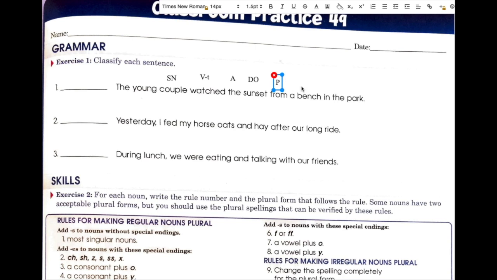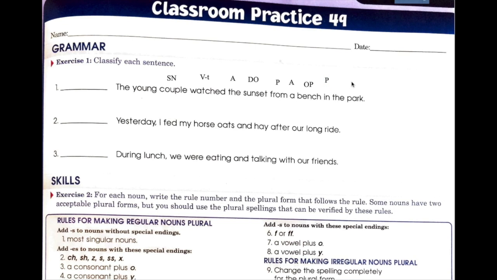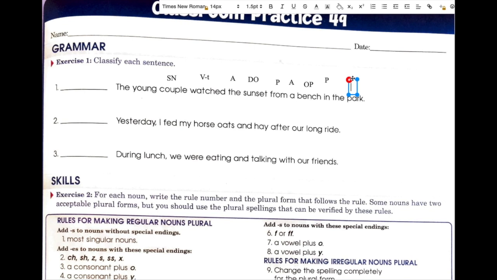From what? Bench, object of the preposition. A is always an article adjective. In is always a preposition. In what? Park, object of the preposition.